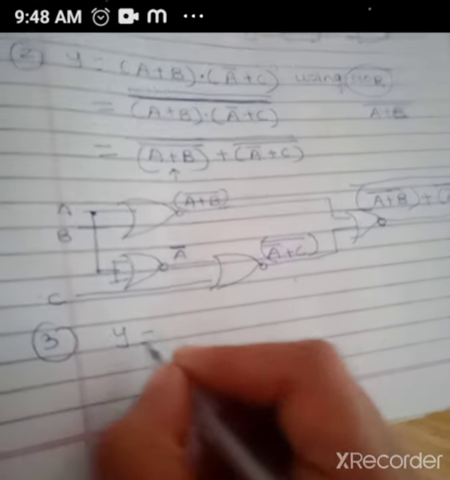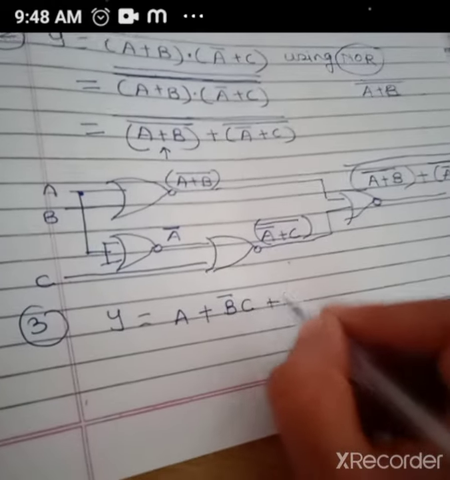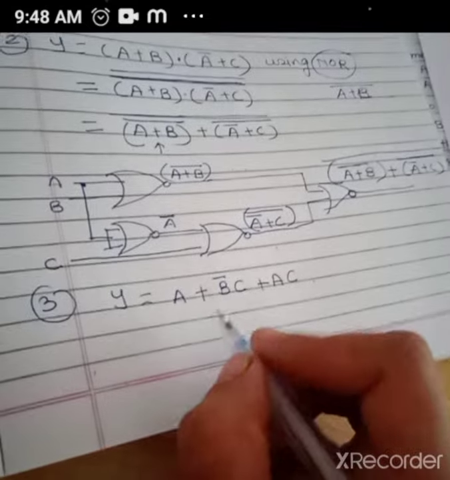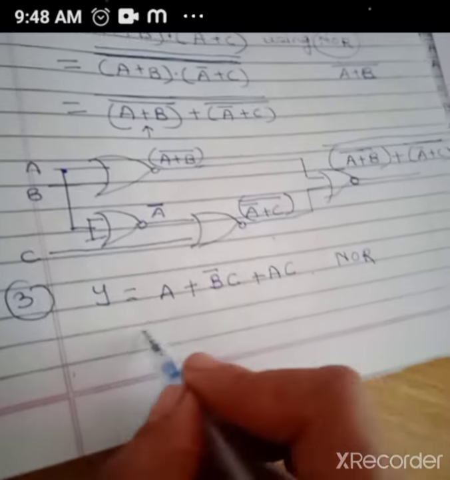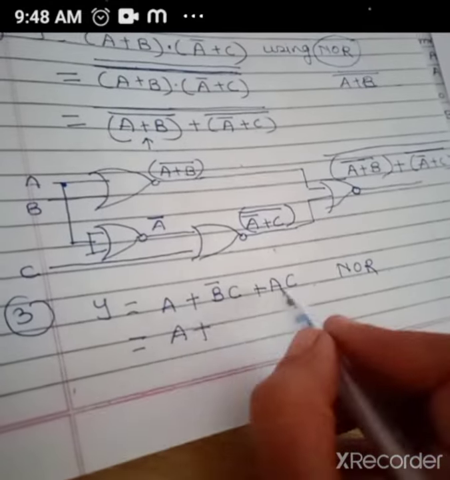Y is equal to A plus B bar C plus AC. Right? So we have to implement this given equation using NOR logic. So I will take these two terms together.